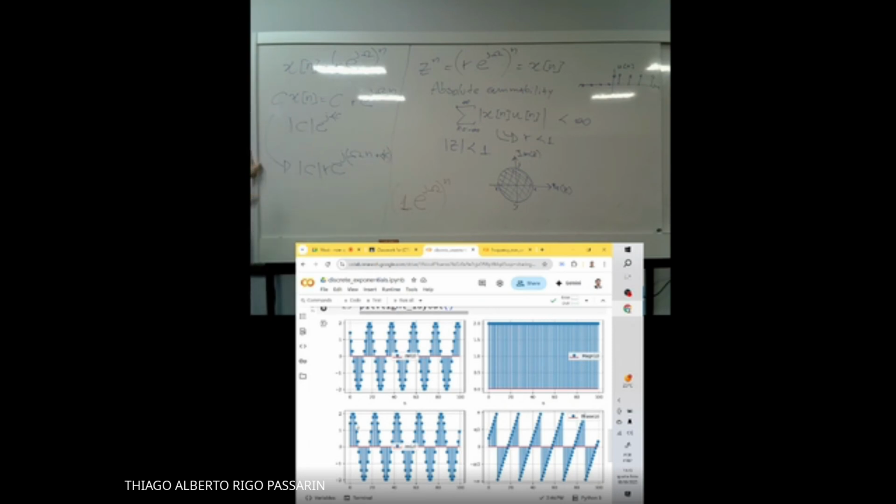If I break this into sine and cosine with Euler's formula, we have absolute value of C times r cosine of (omega n plus angle of C) plus absolute value of C times r j sine of (omega n plus angle of C).